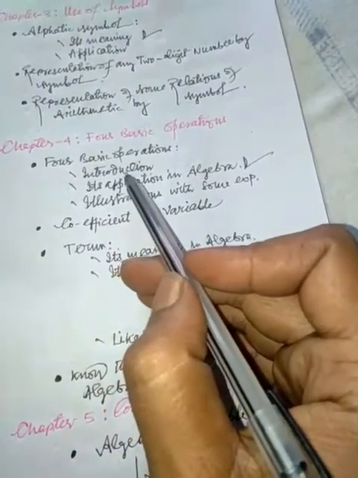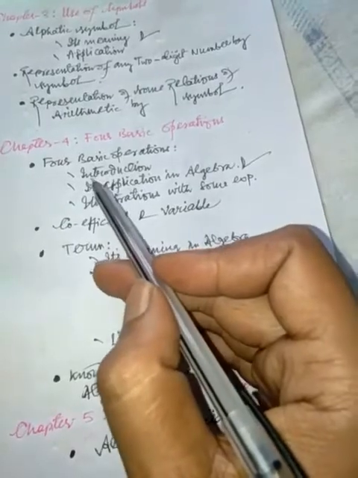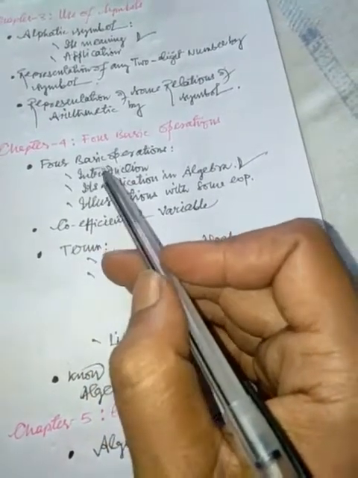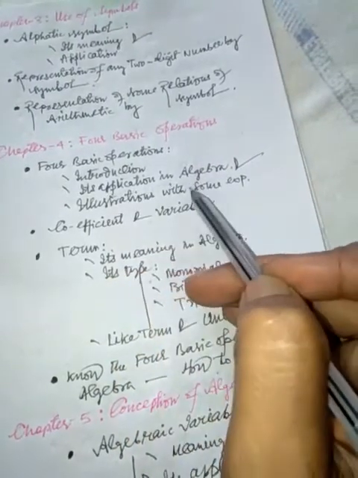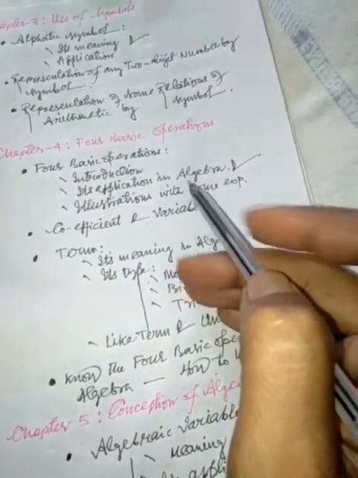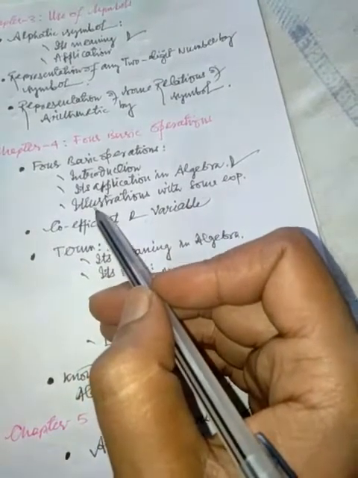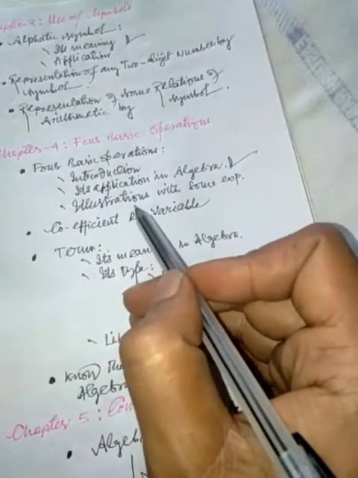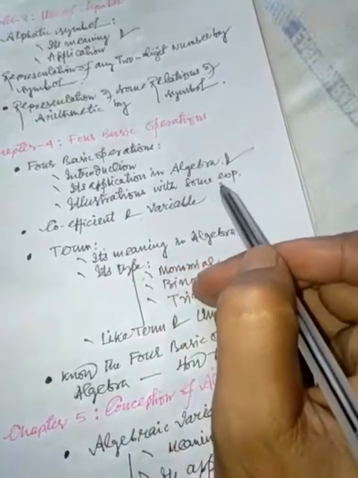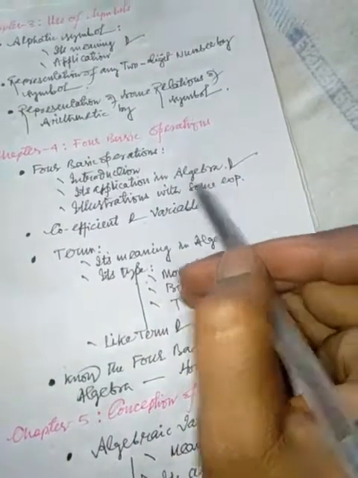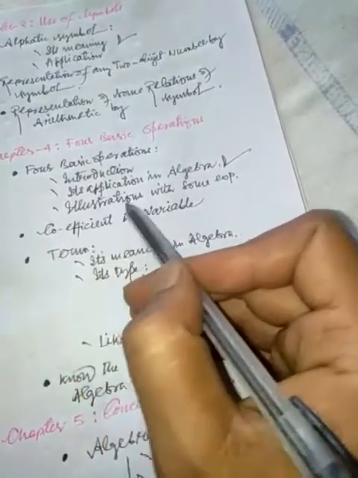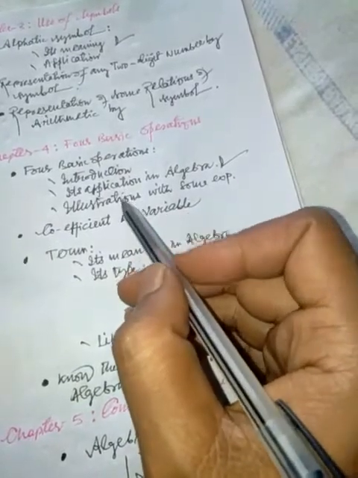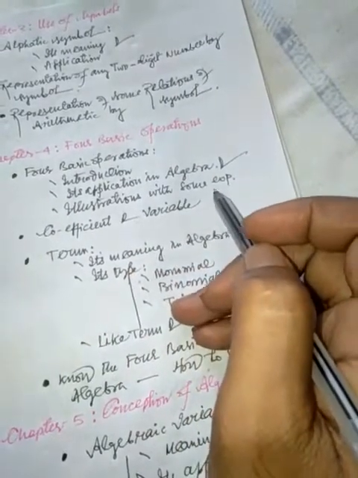First we have to know the 4 basic operations, then their application in algebra, as well as providing illustrations with some examples. To prove that the 4 basic operations are also used in algebra, we have to provide illustrations with some examples.